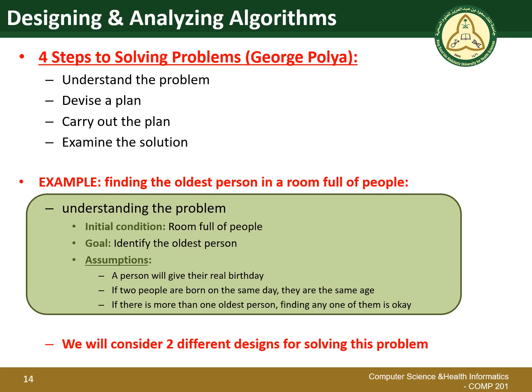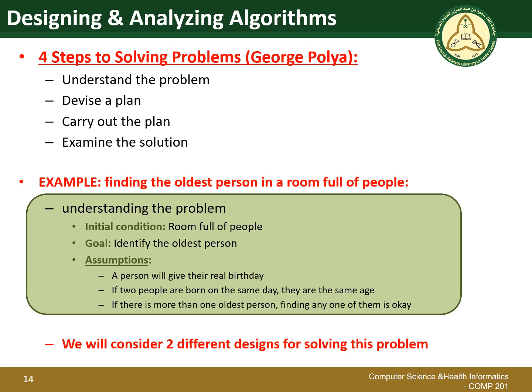This process consists of 4 steps. First, understand the problem. We need to understand what we are looking for. What are the components and the data of the problem? We need to determine the assumptions and the variables required to solve this problem.